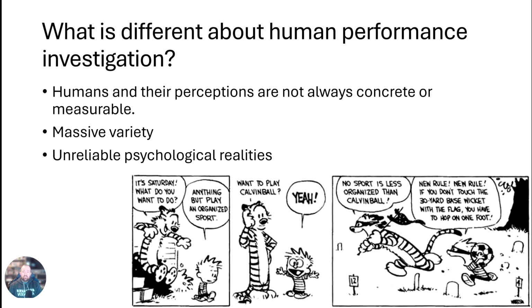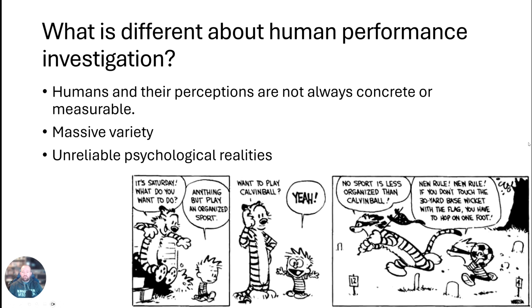There tends to be significant variety across different people, different perspectives, especially in how memory is encoded, which we'll get into. And there are some unreliable psychological realities, things inherent to being a human and having thoughts, that make doing this type of work a little more difficult. It can sometimes feel like we're doing something as unorganized as Calvin Ball.